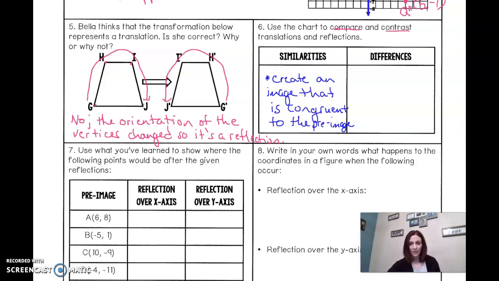But the difference is translations. Okay, so both do this, but translations preserve orientation. Reflections do not.